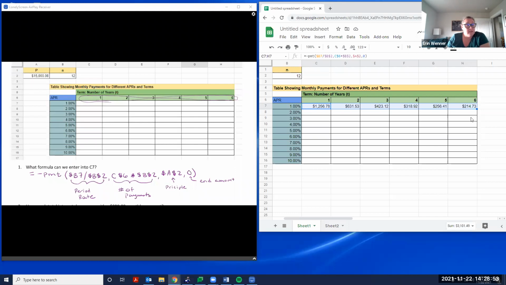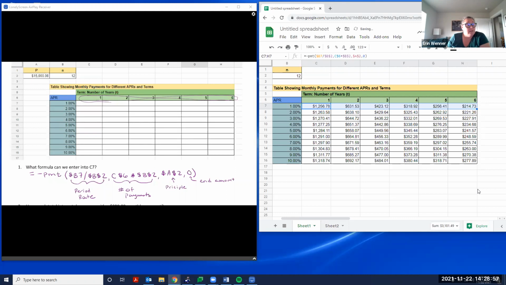So at 1%, we double click and it fills down and it gives you all of your different payments based upon the rates. Like I said, when we bought our car a couple of years ago, I did this, not with this many rate amounts, but I did break it down because I knew at the time what banks were offering. And so we went and got pre-approved at a certain rate.